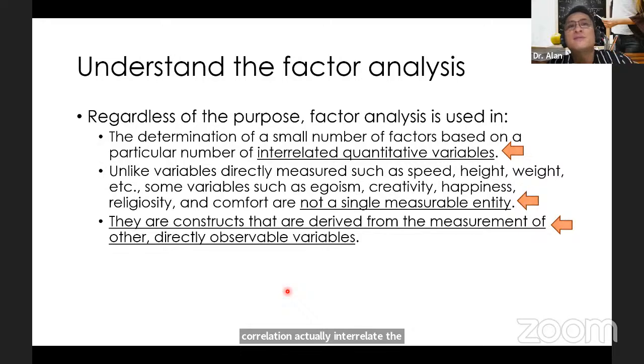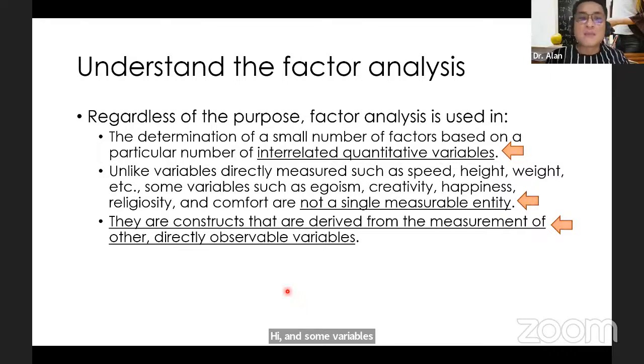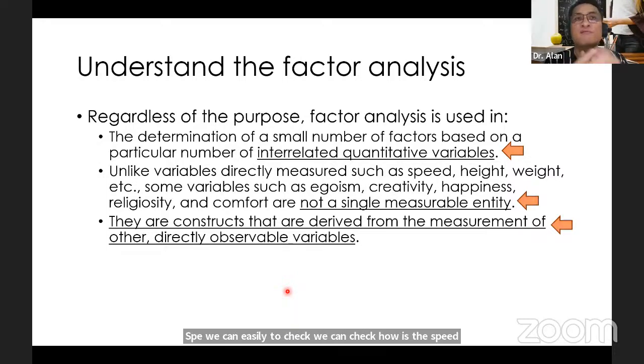Unlike variables directly measured, such as speed, height, and weight, there are variables such as egoism, creativity, happiness, and comfort. These are things that you cannot measure by using a single measurable entity. Speed, we can easily check.